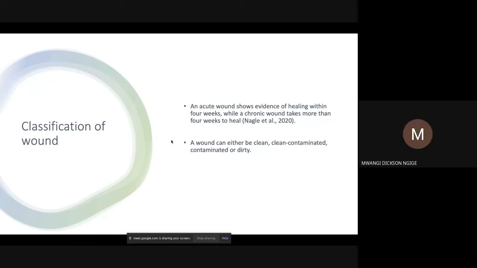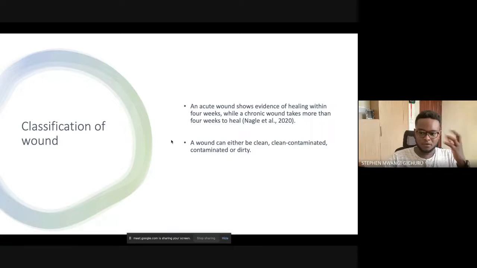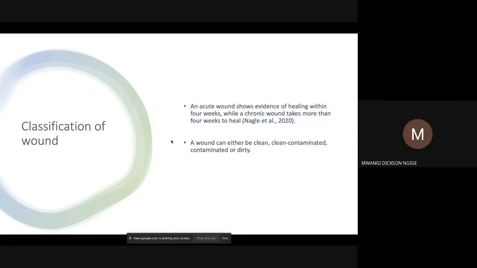So what do you mean by open and what do you mean by closed? An open wound most of the time would appear when you're having a sharp or penetrative mechanism of injury, whereas a closed wound would be more of a blunt force trauma.